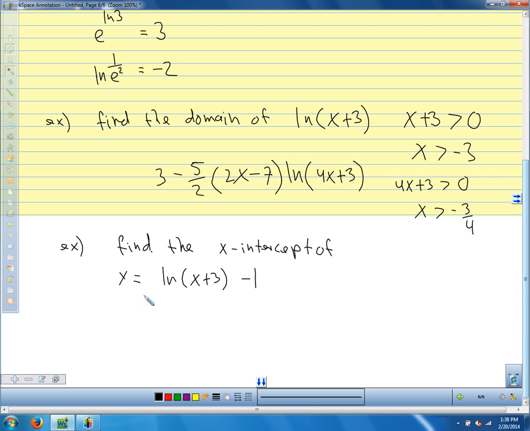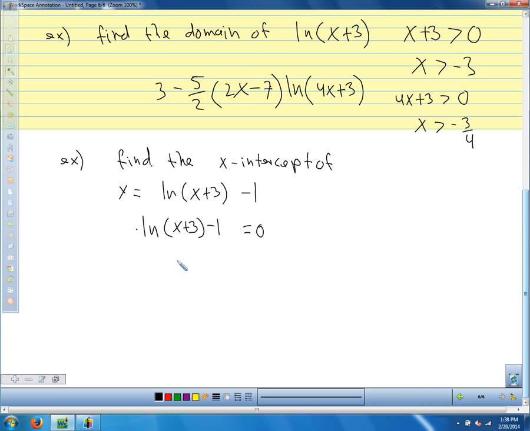What does y equal when we're at our x-intercept? 0. So we plug in y equals 0. Natural log of x plus 3 minus 1 equals 0. So I say natural log of x plus 3 equals 1. Can I rewrite this in exponential form?